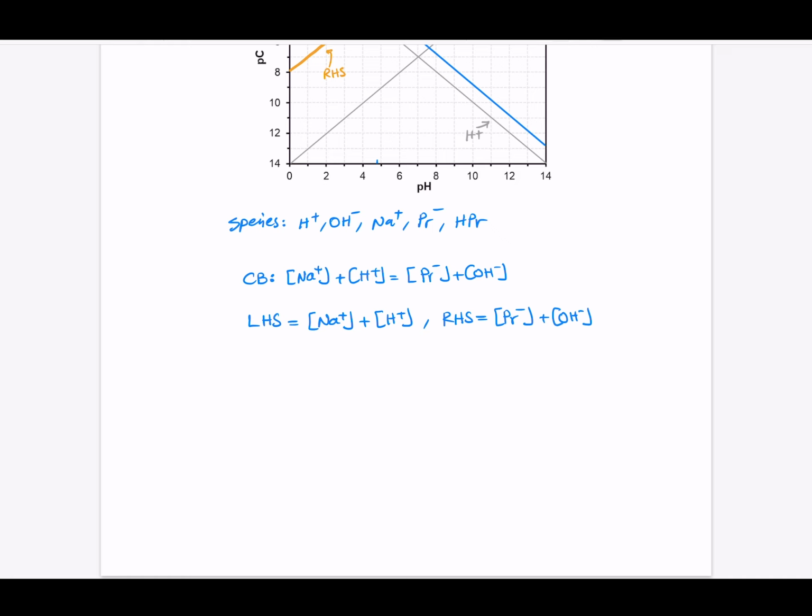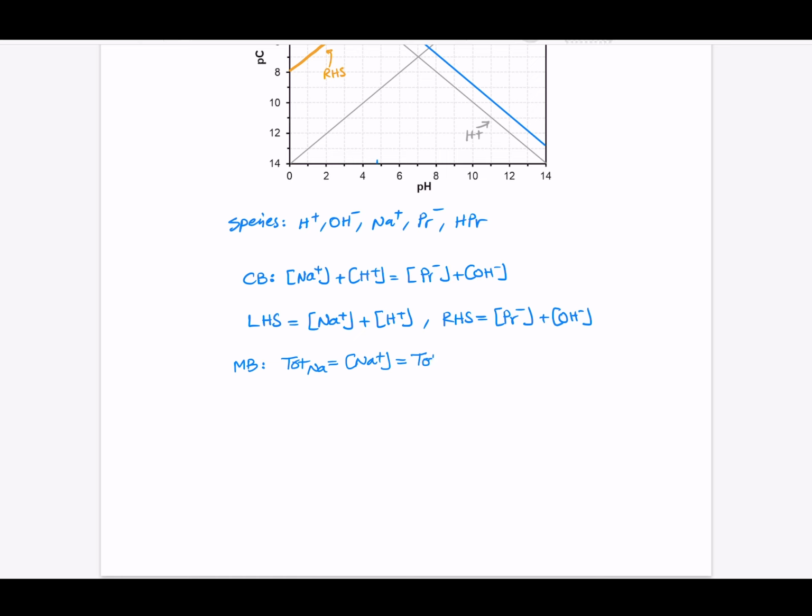So let's revisit the mass balance. Mass balance is telling me the concentration of total sodium. It's basically the concentration of sodium, and also this value is the same as the total concentration of PR.